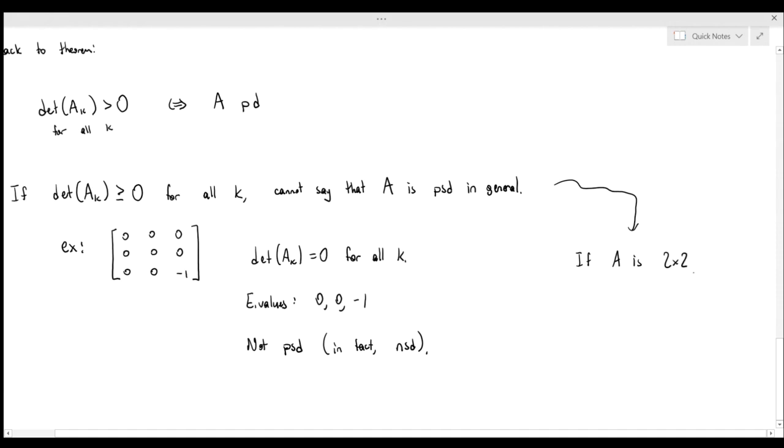So it is true that if A is 2 by 2, then if all of these upper left determinants are greater than or equal to 0, actually, wait, I guess it wouldn't work because this would be, oh, that's interesting.